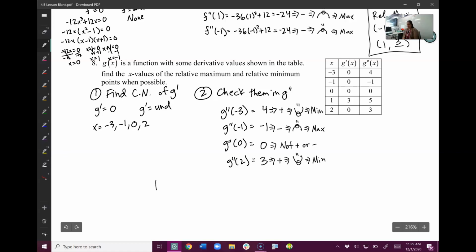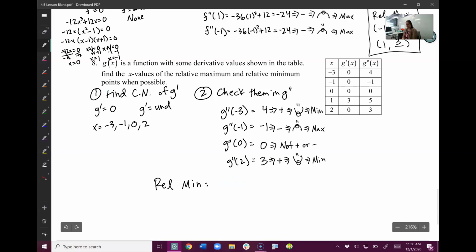So I can say I'm going to have a relative min at, let's see, it asks for the points. So relative minimum is going to be at -3. Oh, sorry, misread that.